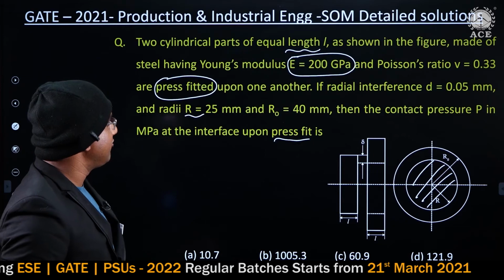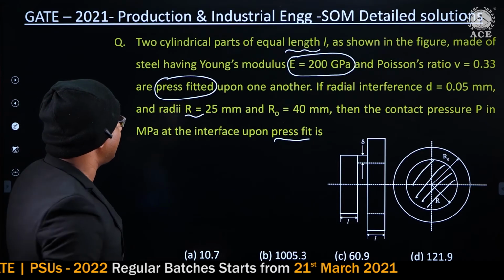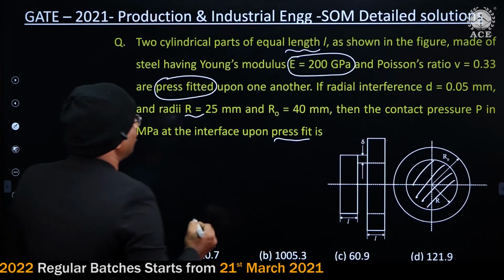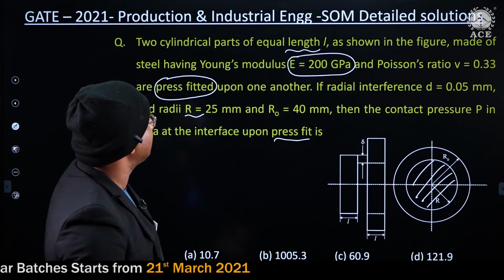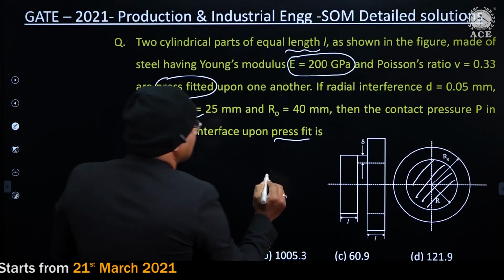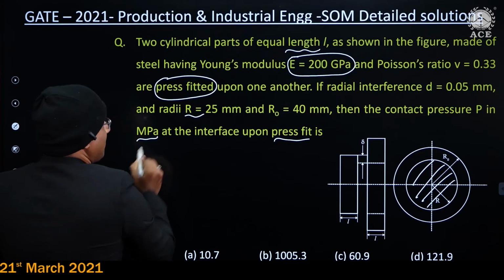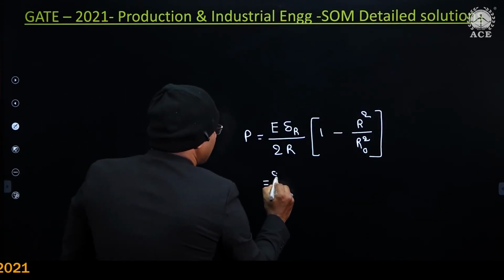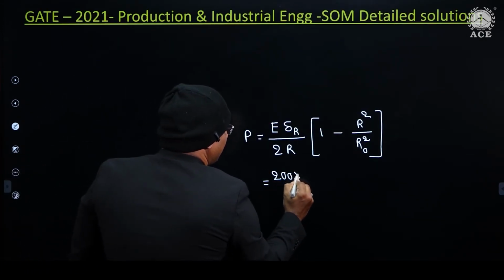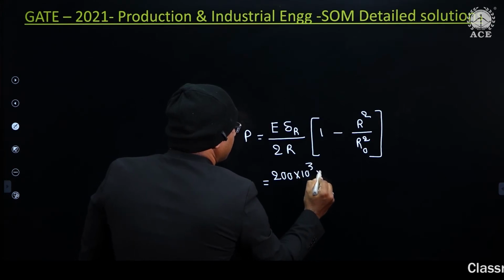Now substitute everything. What is the radial interference? How much is the value of E? 200 gigapascals. He wants P in terms of megapascals, so definitely 200 into 10 cube.